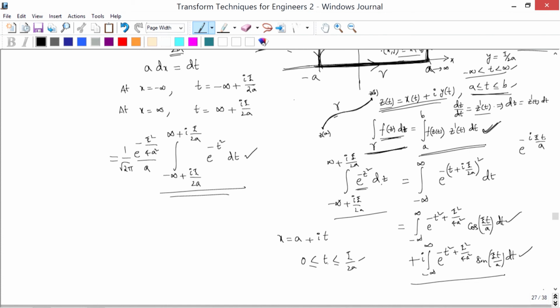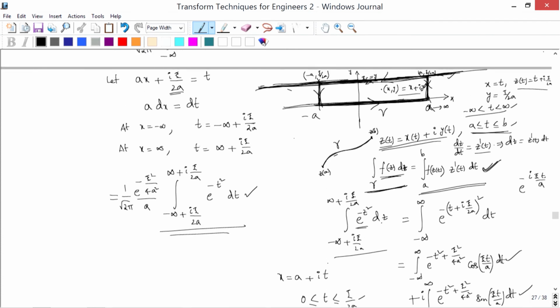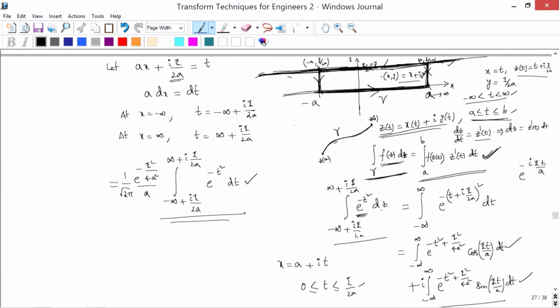And finally, when you allow a to go to infinity, because of this e power minus z square, when you substitute, z of t is this, e power minus z square. So, you can write e power minus (a plus i t) whole square. So, what is this one? This is e power minus a square into e power minus 2 i a t into e power plus t square, for example. Okay.